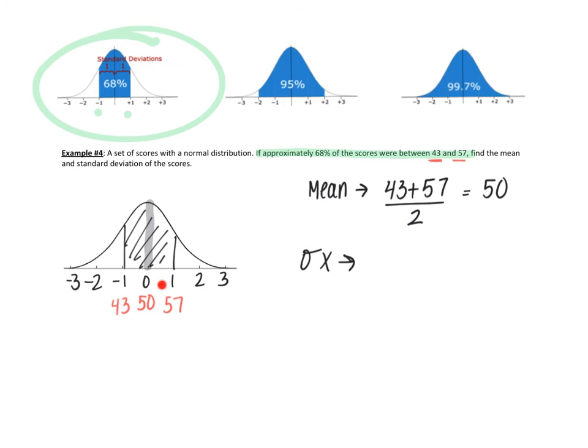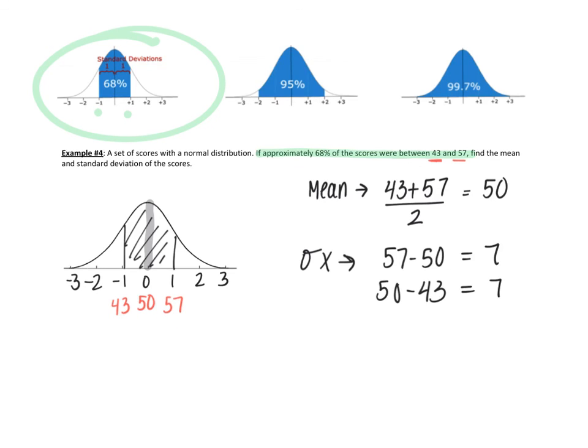Since I'm only at one space over, we really just have to subtract. So 57 minus 50 will give you 7. Or you could do 50 minus 43, and that will also give you 7. So the standard deviation is just the distance between these values. So between 50 and 57, or 50 and 43.